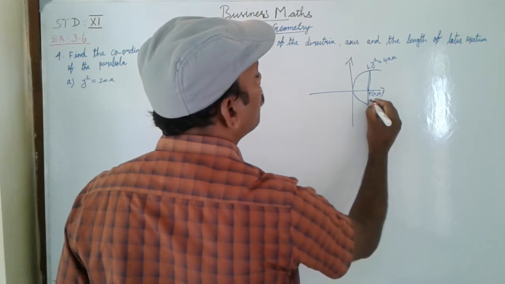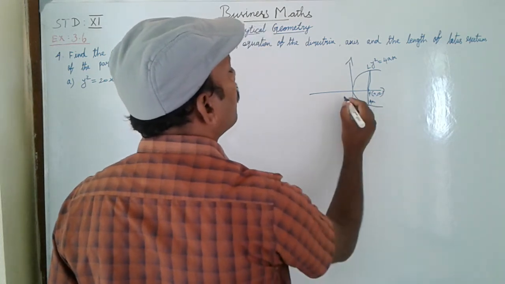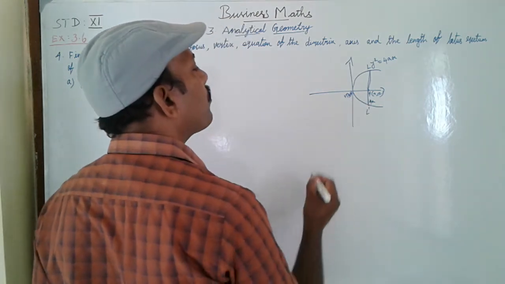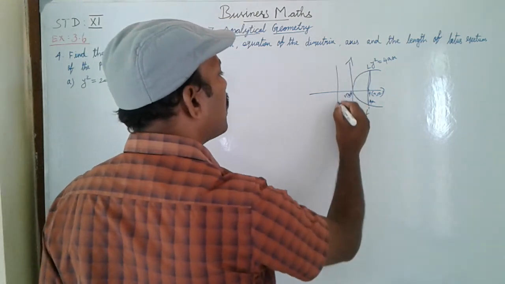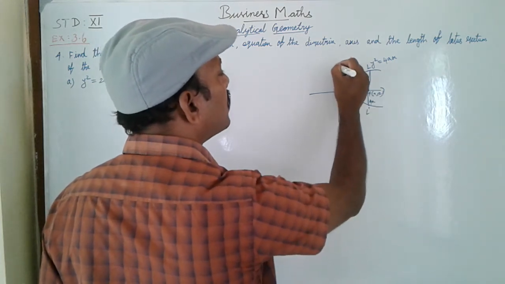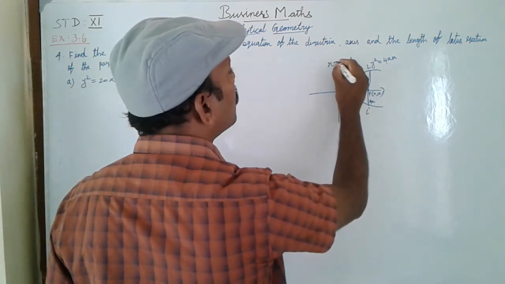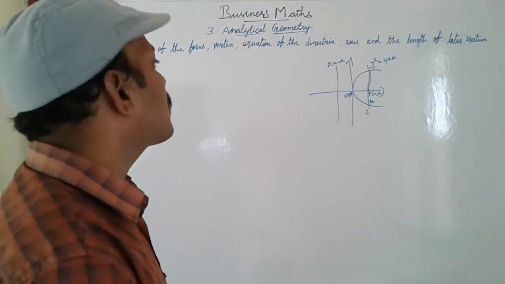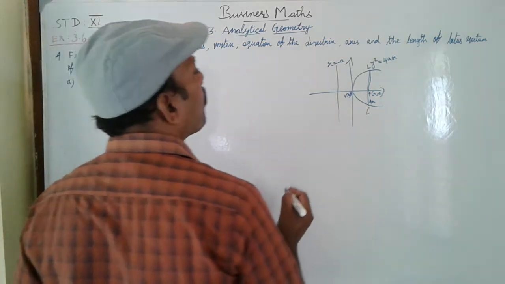Its length is 4a. Vertex V of 0 comma 0 is the vertex. For directrix, open rightward, its opposite side, the left side, is the directrix. The formula is x equal to minus a. It is called the directrix.